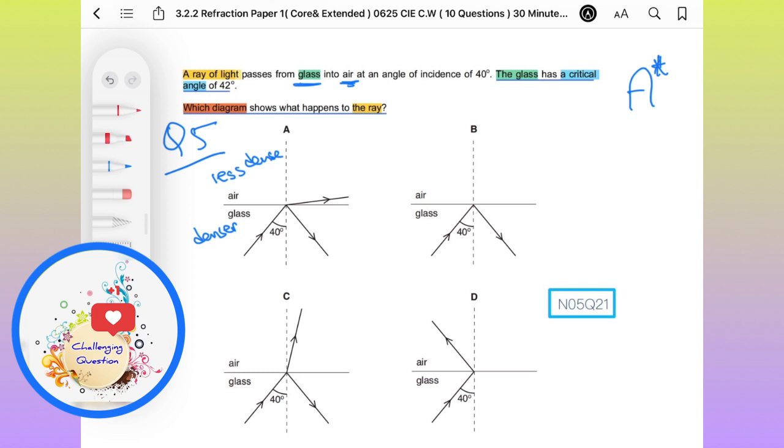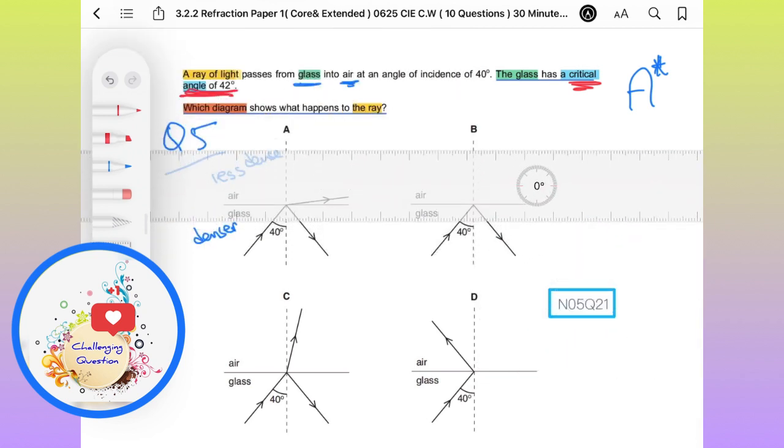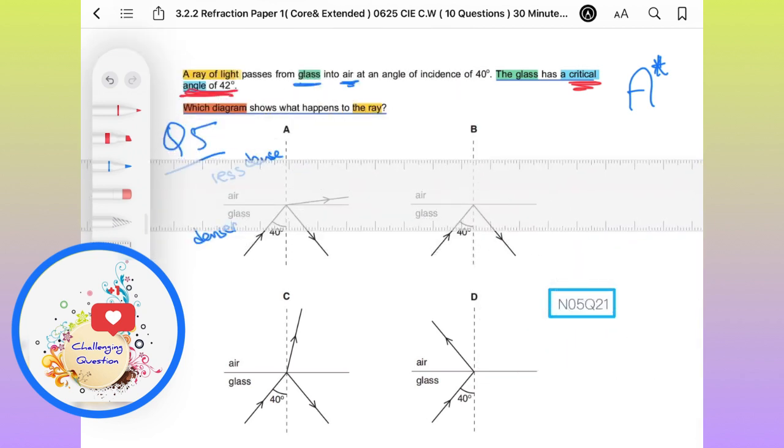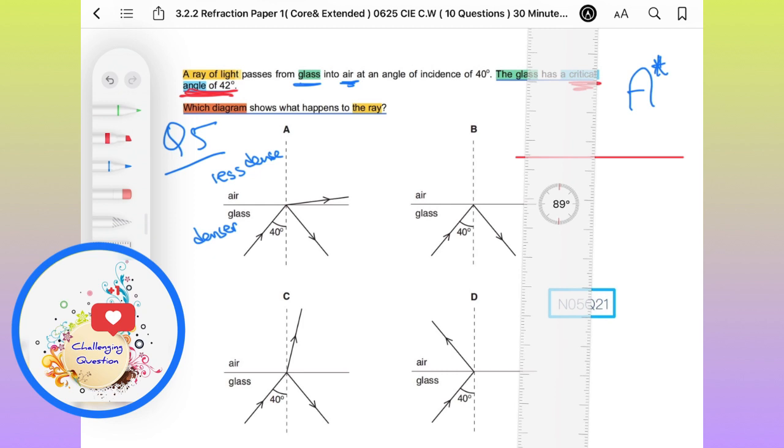But here we are discussing a new concept, which is the critical angle. What do you mean by critical angle here? It's given as 42. If you have a light ray that strikes the boundary at a certain angle, which is called the critical angle, what happens to the ray?